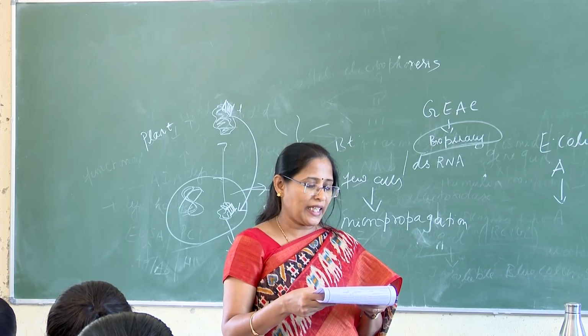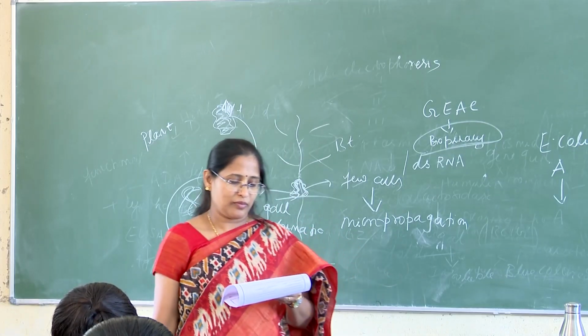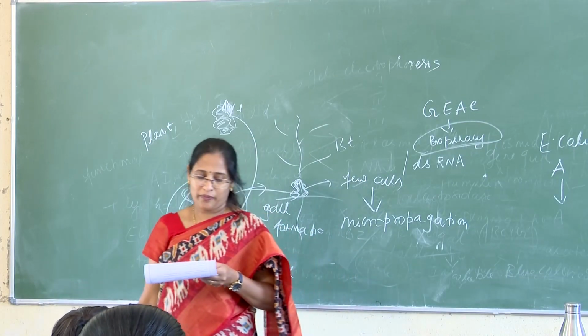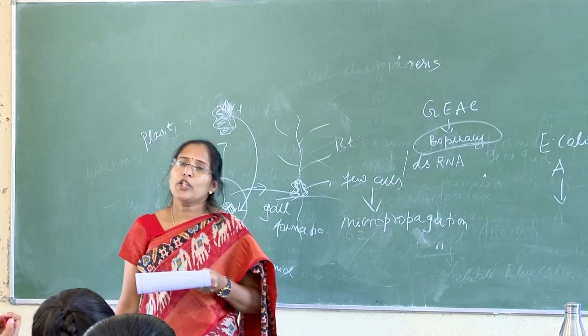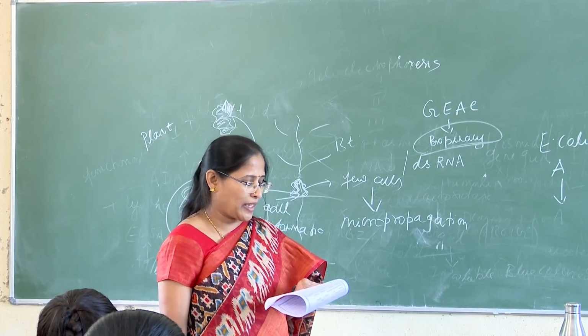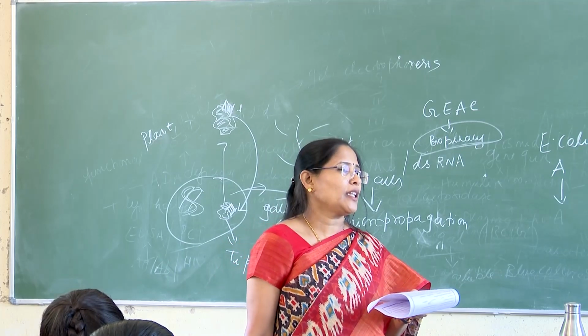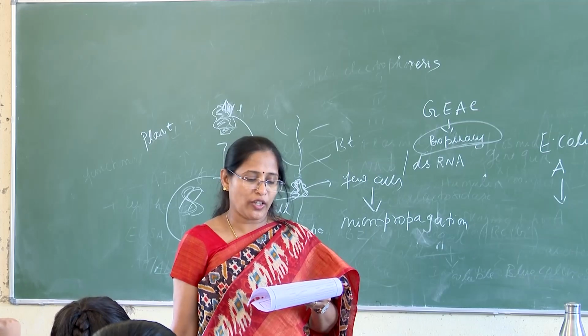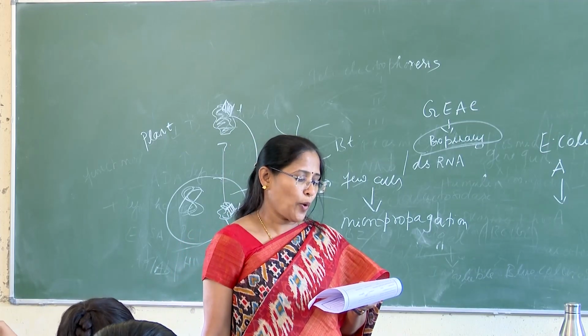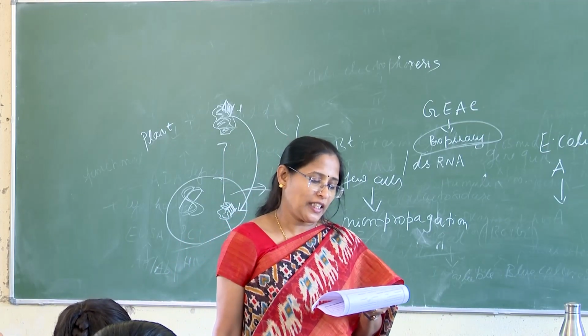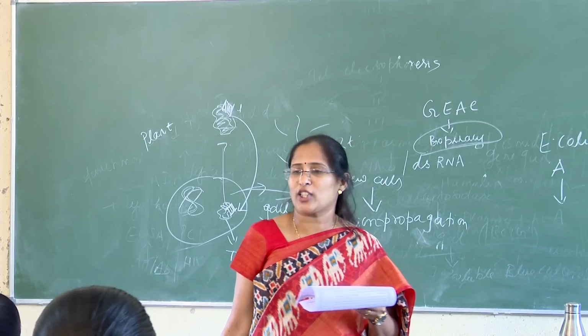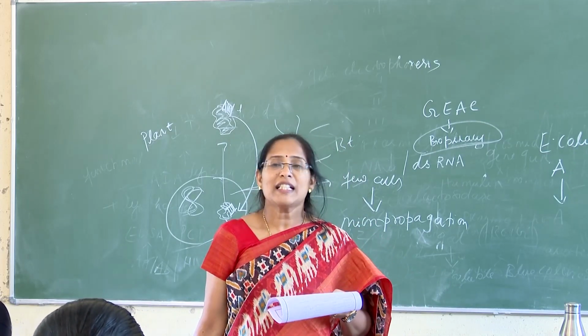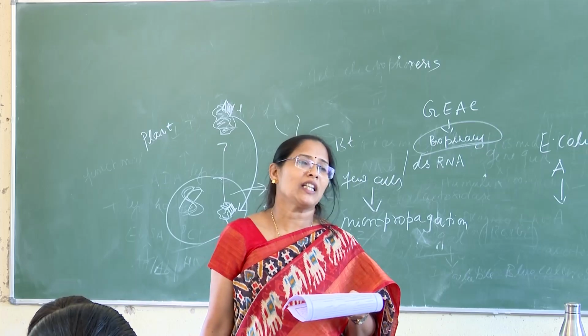Now find the incorrect match. TPA, tissue plasminogen activator; erythropoietin, formation of RBC; interferon, treatment of cancer; Reopro, transplantation rejection. Tell now, which one is the incorrect match? C. What made you think it is C?